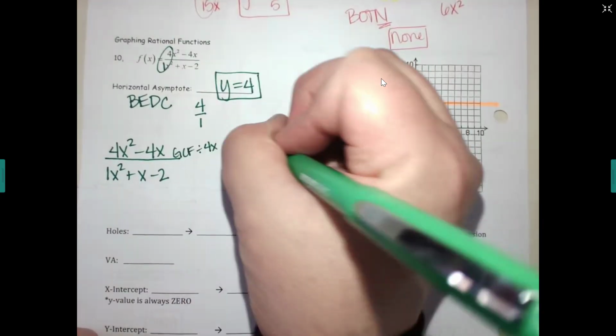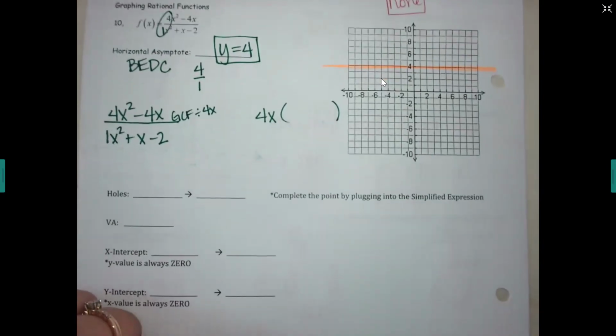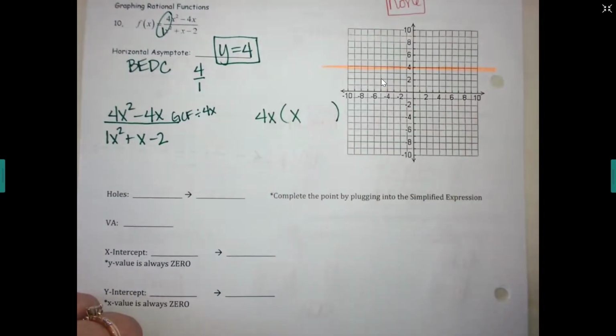What can I divide them both by? 4x. So the 4x is going to come out. What's going to be left over from 4x squared if I take out a 4x? Just an x. Now, from the second 4x, if I take the whole thing out, I have to leave something. What can I leave? A minus 1. Very good. The top is done.